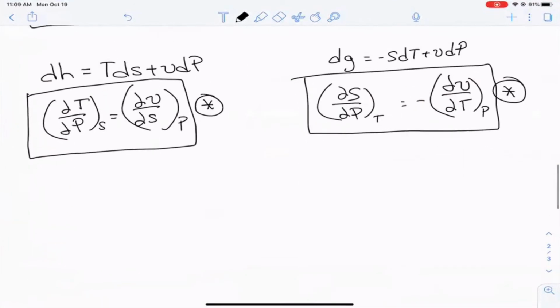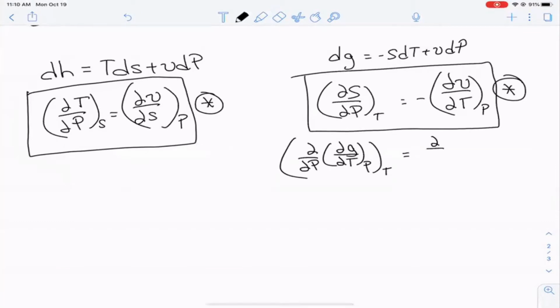So for dG, this would be d over dP of (∂G/∂T) at constant P, and that one's at constant T, equals d over dT of (∂G/∂P) at constant T, like that. Yep. And the canonical variables are always in the denominator.